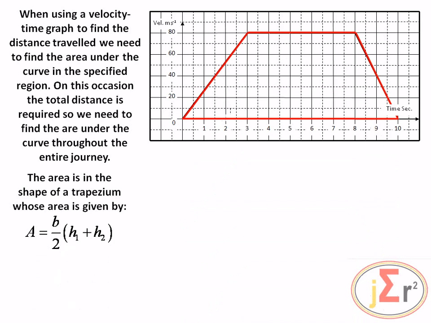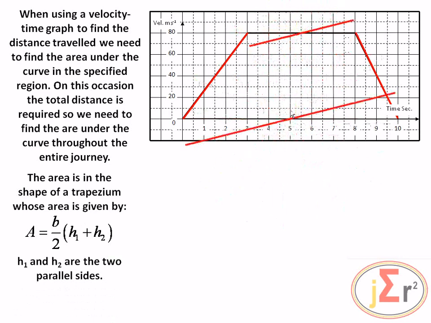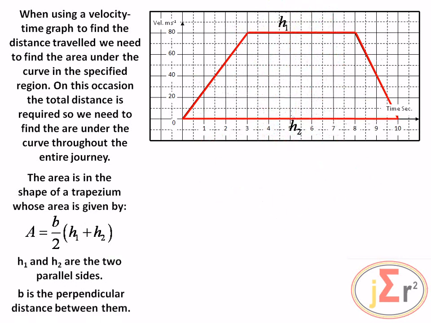B over 2 times (H1 plus H2), in which, of course, here we have our trapezium, that is the shape of the area that is under the curve for the entire journey. And of course, H1 and H2 are the two parallel sides. Those are the two sides that are parallel to each other. And of course, B is the perpendicular distance between the two parallel sides.